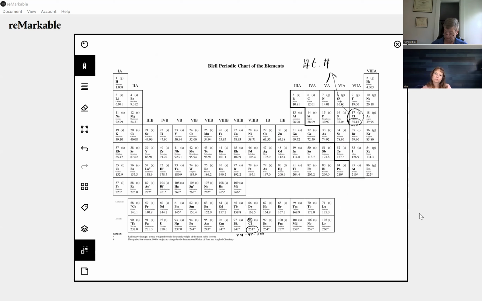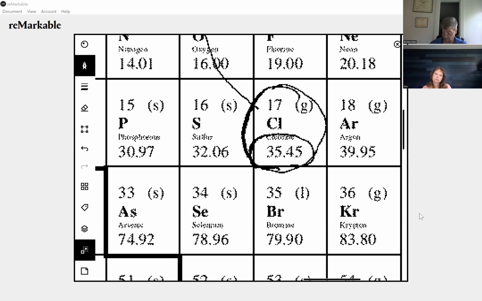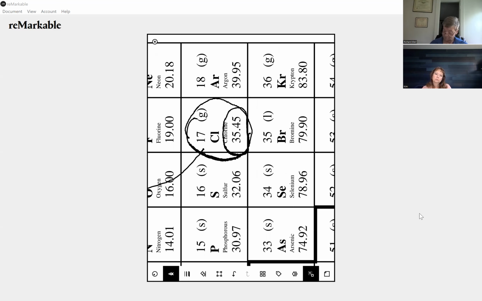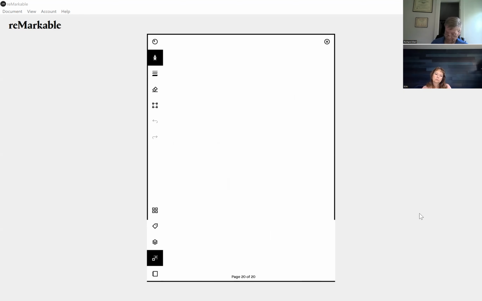So how do you explain then that chlorine is 35.45, roughly 35.5? About 35.5 grams per mole.